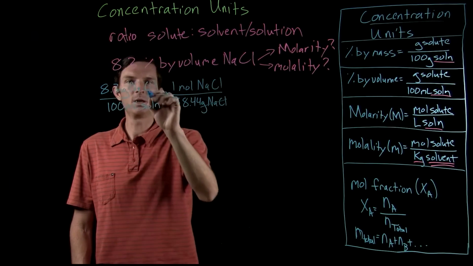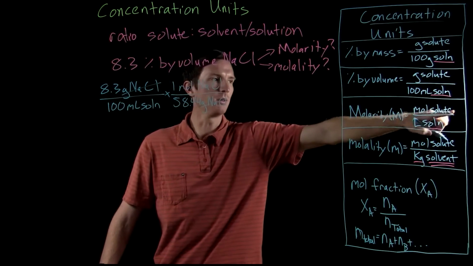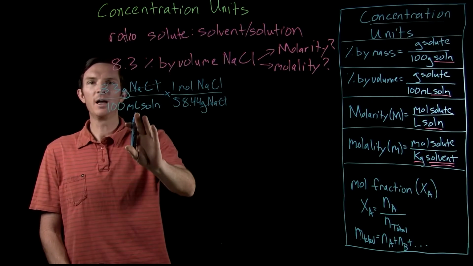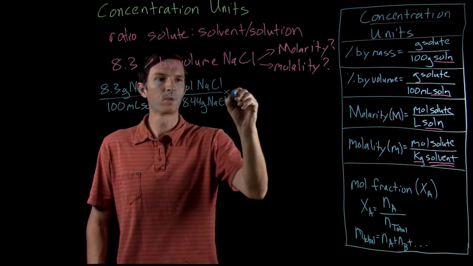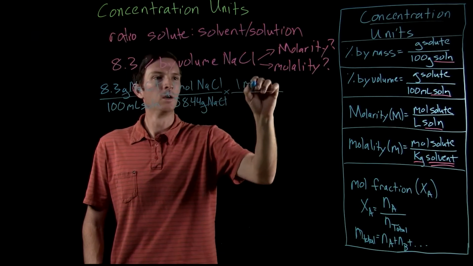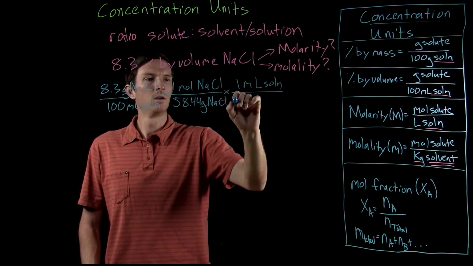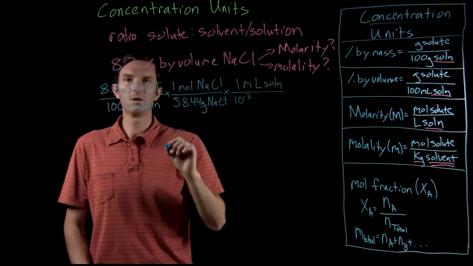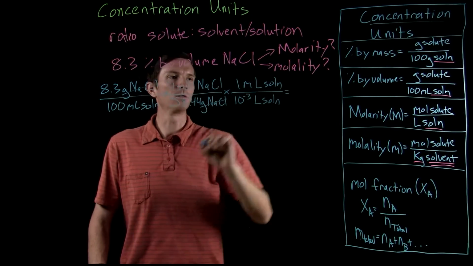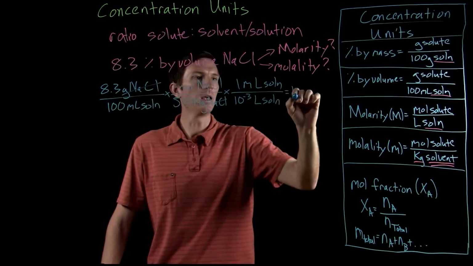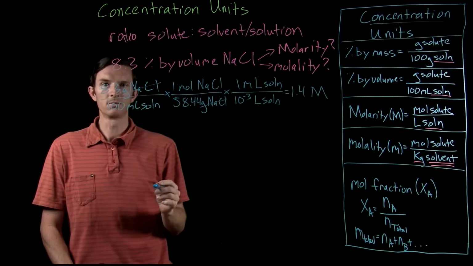Now we'll notice that we have the correct units that we want for the top of our ratio, moles of solute. Then we need to have milliliters of solution converted to liters of solution. So 1 milliliter of our solution is 10 to the negative 3 liters of our solution. That's what milli means. We end up getting a 1.4 molarity solution from this.